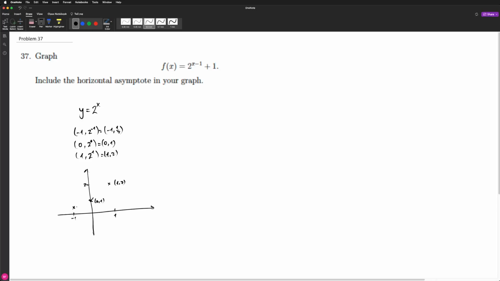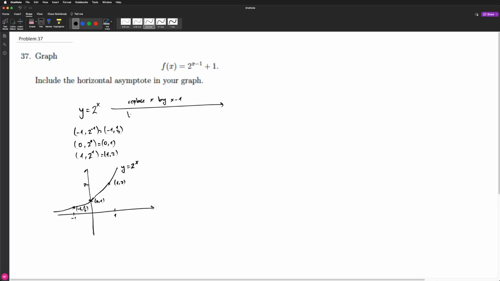So these are the 3 points on the graph. And then if you're familiar with the shape of an exponential function, you would have no difficulty drawing the graph. And then the rest is standard transforming. So wherever I see x, replace x by x minus 1.